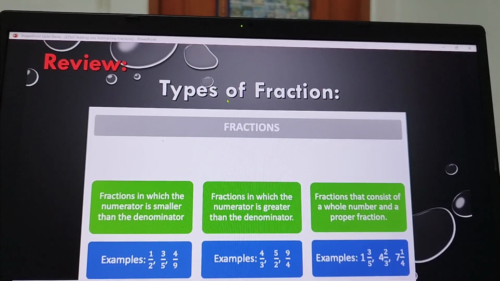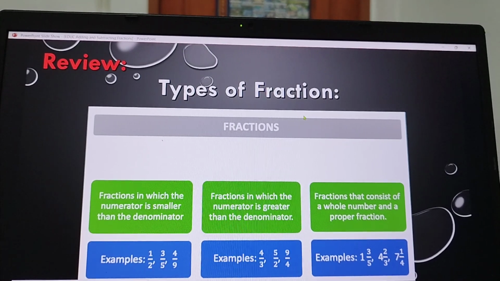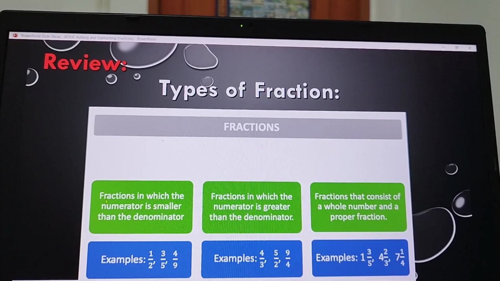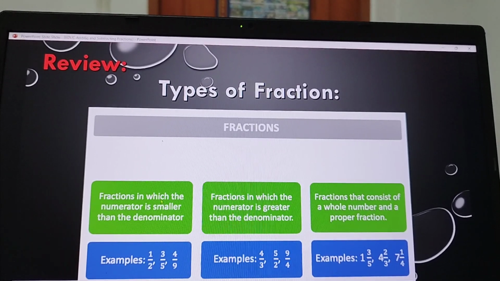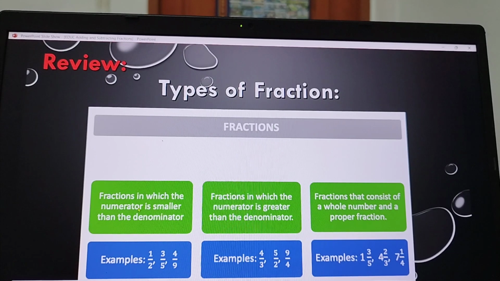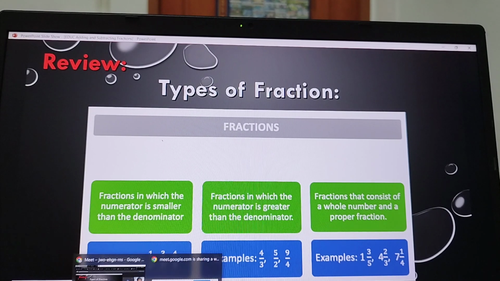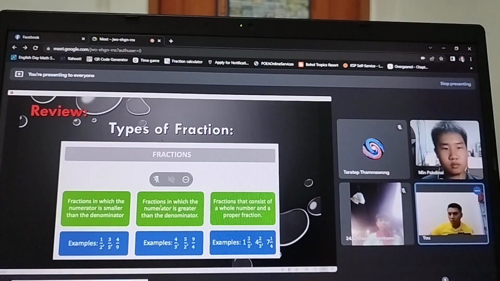You have here types of fraction. You have here 3 types of fraction. So first, fraction in which the numerator, the top number, is smaller than the denominator. Examples are 1/2, 3/5, and 4/9.